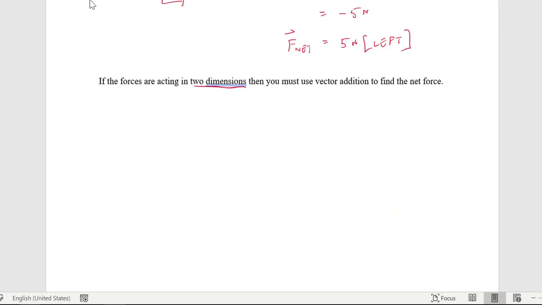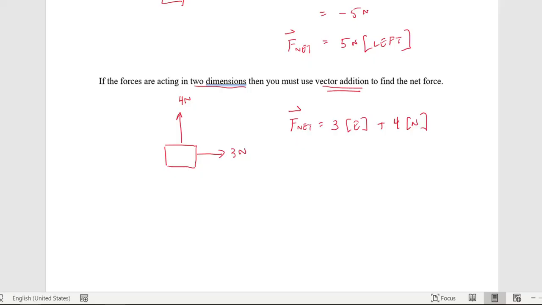Now, if the forces are acting in 2 dimensions, then we're going to have to use vector addition. So imagine I have this, and I have a force of 3 newtons acting this way, and 4 newtons acting this way. Well, we said the net force is equal to 3, let's call it east, plus 4, we'll call it north, but really it's right and up, but that doesn't matter.